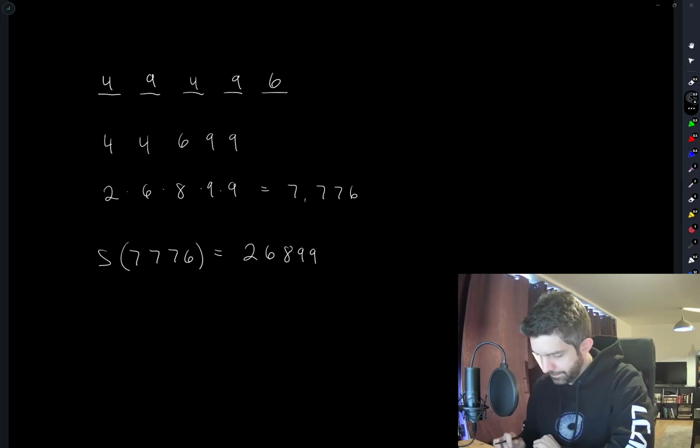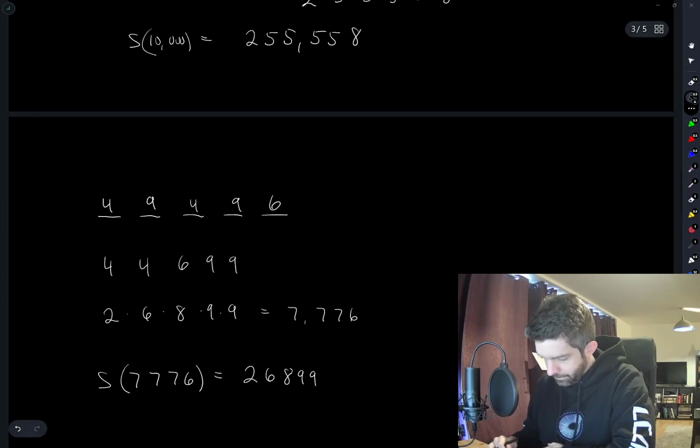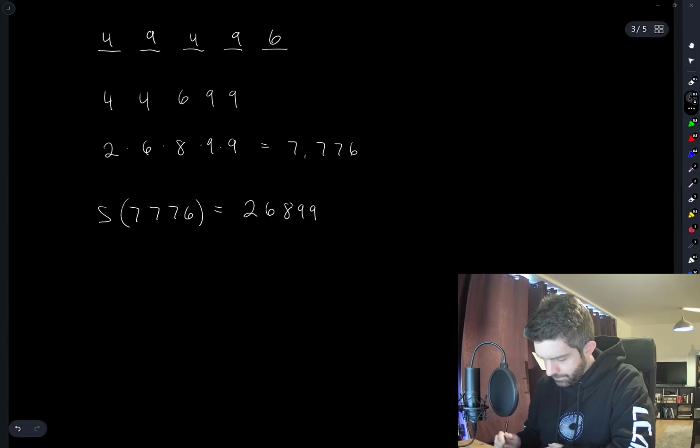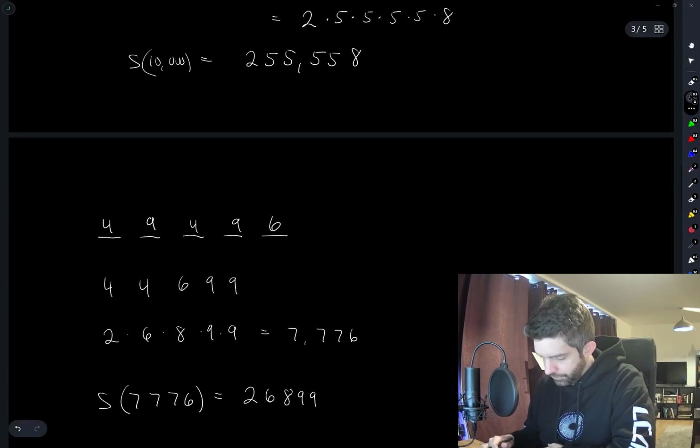Can we make something bigger? Well, if I change this to 3, 6, 8, 9, 9, 3 times 6 gets replaced with 29.